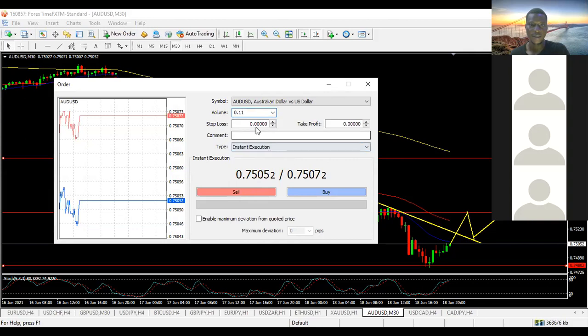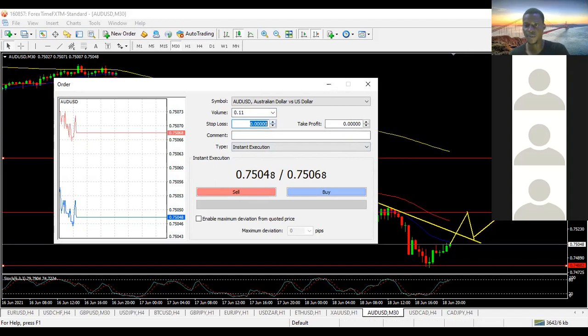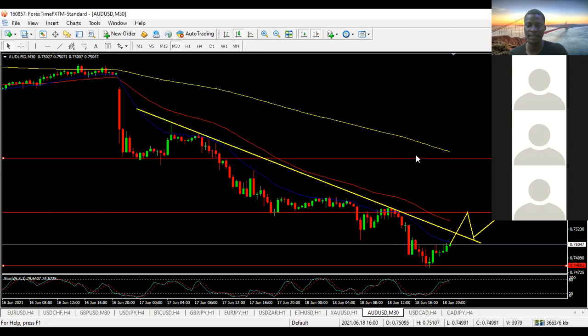Then you put the figure of the stop loss in this box, then you put the take profit, then you click on buy. Immediately you click on buy, you've entered this market with a predetermined exit. Once the market hits this place, it will take you out in profit. If it hits this place, it takes you out in loss.